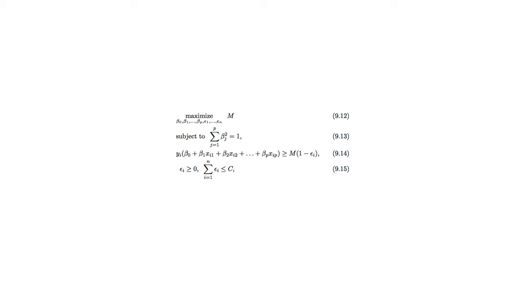It's as if this constraint didn't exist, as if we were trying to solve the problem above, with no slack variables. But if C equals 1, then that means that we've allowed one observation to be on the wrong side of the hyperplane. So the larger that we allow C to be, the more we're allowing to be on the wrong side of the hyperplane.